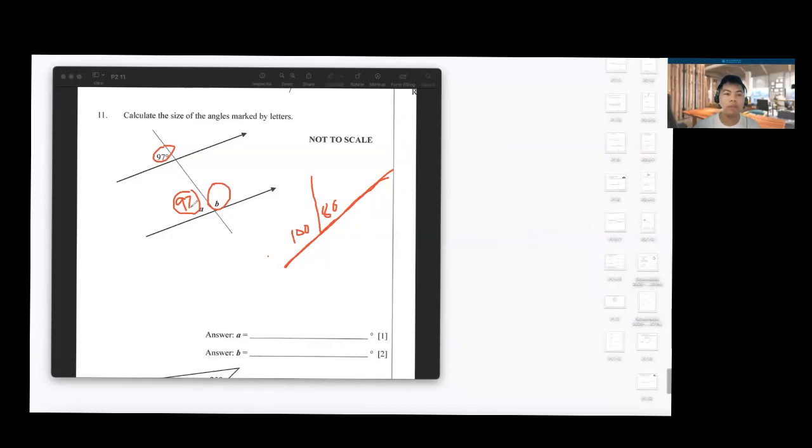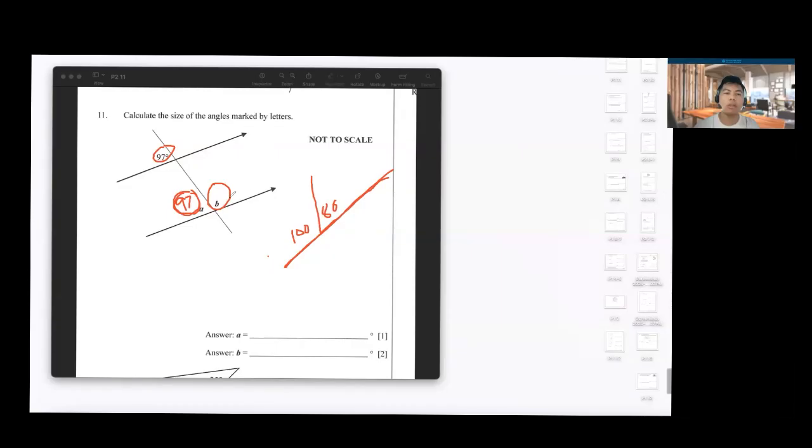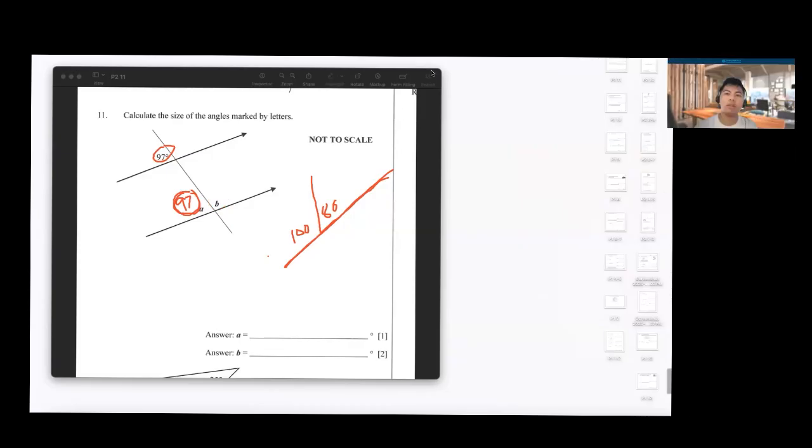So therefore, if this is 97, B should be what? 180? No, they should add up to 180. 83. No, no, no, sorry. 83, right? Yeah, 83. By the way, as you can see, it's not drawn correctly.